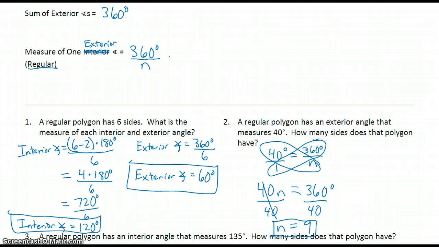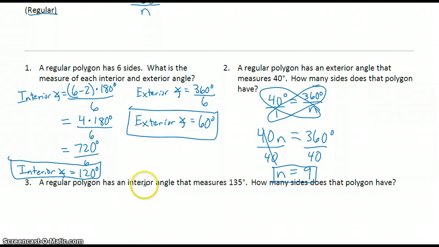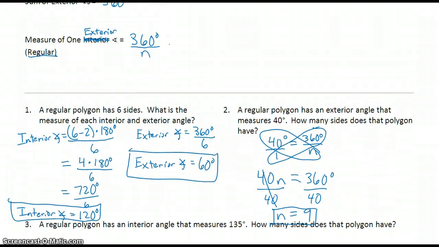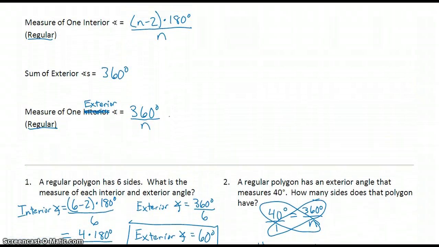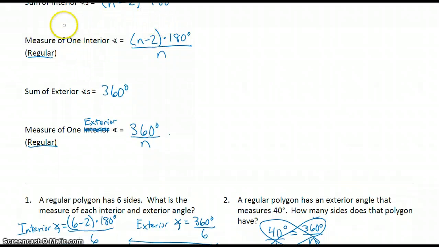And my last example. This time I know an interior angle that measures 135 degrees, and again I need to solve for the number of sides. So I'm going to go to the formula for the measure of one interior angle. I'm going to use this formula, and I know that the measure of the one interior angle is 135 degrees.